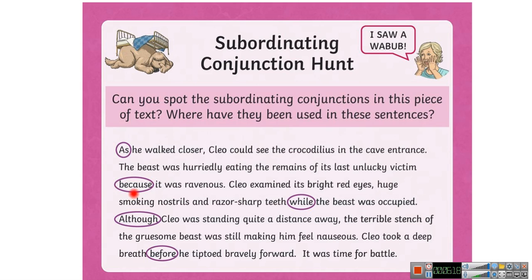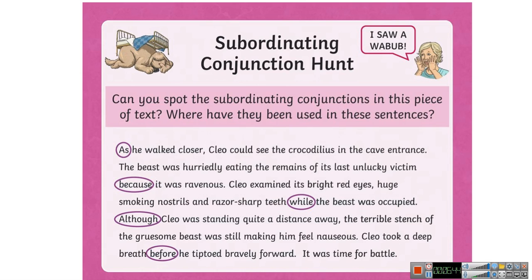Let's look at the because. So we have the beast was hurriedly eating the remains of its last unlucky victim. That's our first idea. Then I have it was ravenous. So I need to tie this it was ravenous to the beast was hurriedly eating the remains of its last unlucky victim. I use because to tie this one with this one.